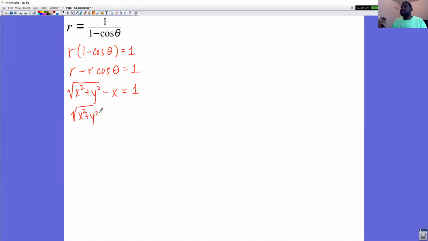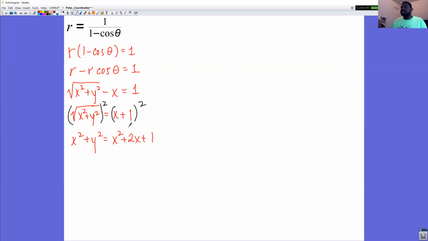Square root of x squared plus y squared equals x plus 1. Now we're going to square both sides to eliminate the radical. If you do that, you get x squared plus y squared equals x squared plus 2x plus 1.